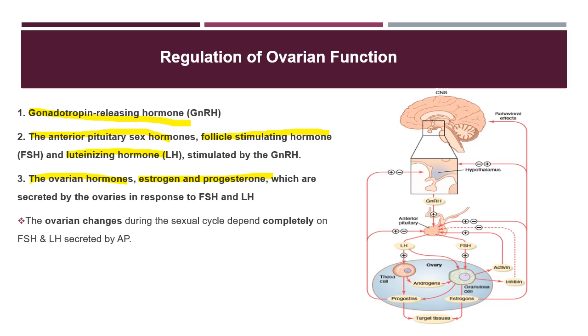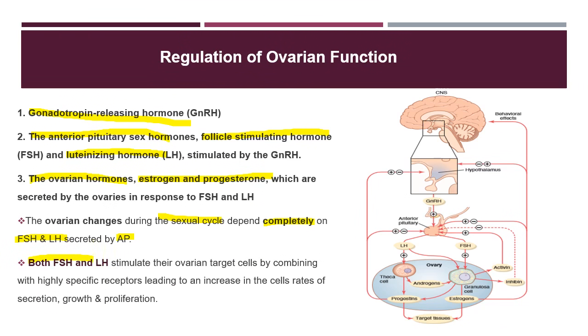Now, all the ovarian changes that take place during the sexual cycle of a female every month depend completely on the FSH and LH rhythmical secretions by the anterior pituitary gland.